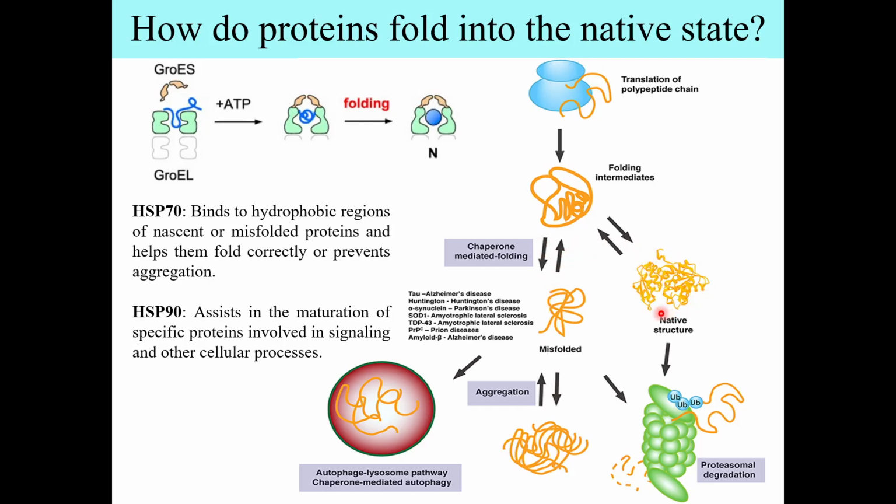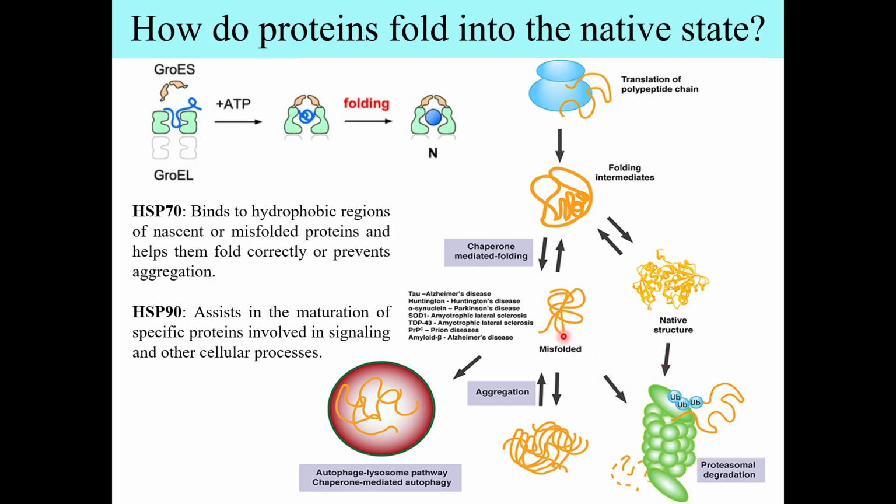So if that does not happen and there is still misfolding, then what happens? This protein gets labeled with multiple ubiquitin. So there is polyubiquitinylation, and this protein is targeted to go to the proteasome where it undergoes degradation into fragments of peptides by proteasomal enzymes.